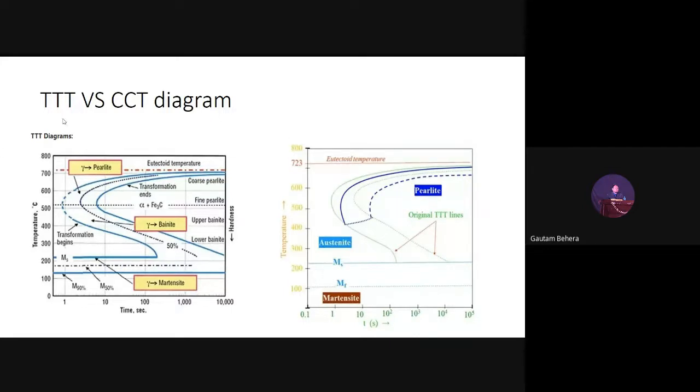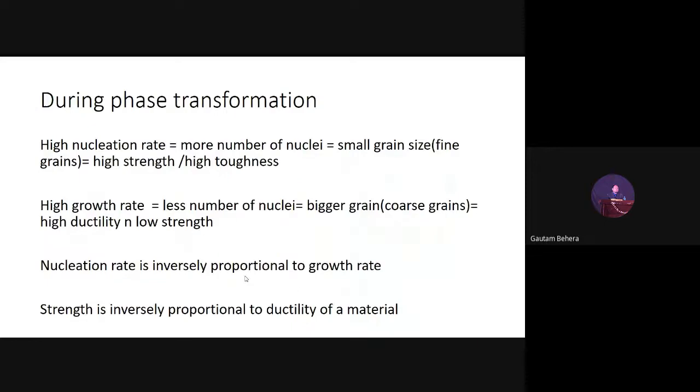So can you people conclude this topic? What is the significance of the TTT diagram and CCT diagram? What benefit will you get by looking at the TTT diagram?